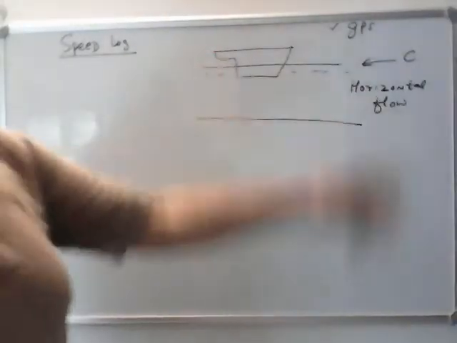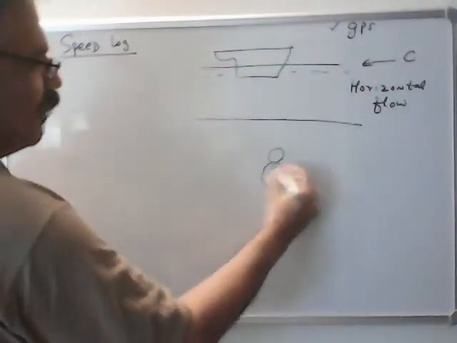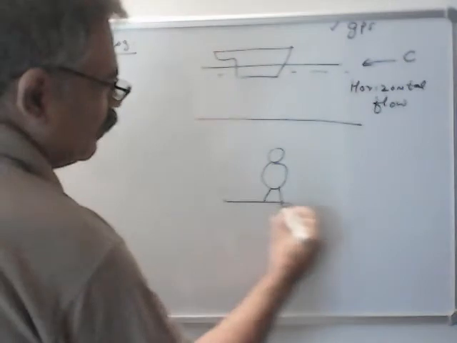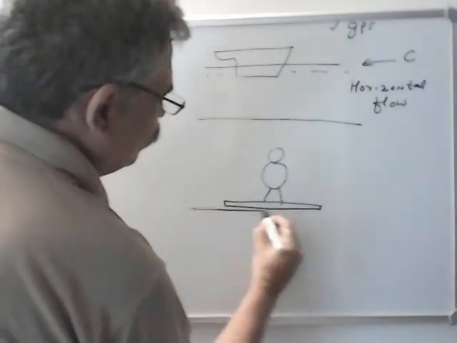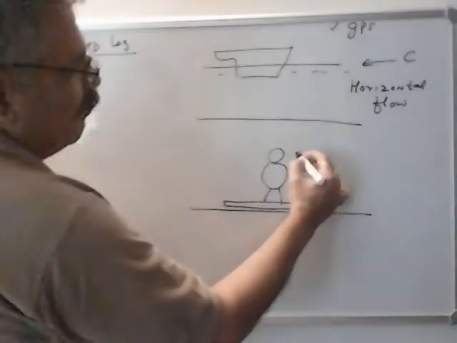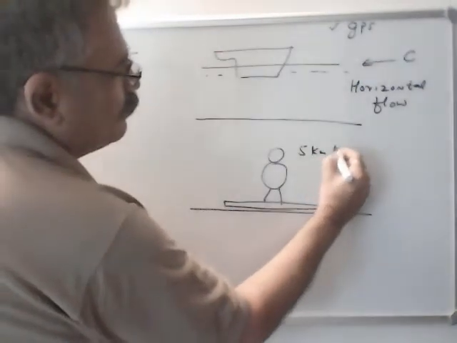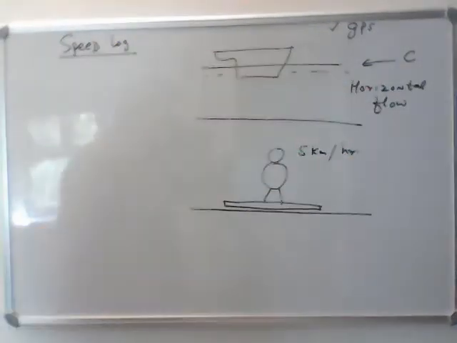So this is something like a treadmill. If you are on a treadmill, this is the treadmill and this is the ground. If you are walking at a speed of 5 kilometers per hour on the treadmill, you have two types of speed.